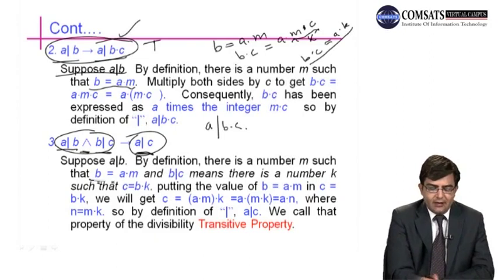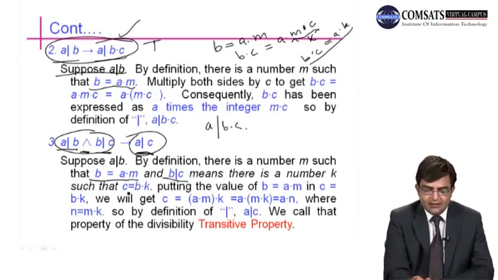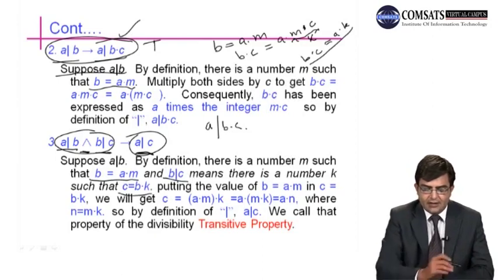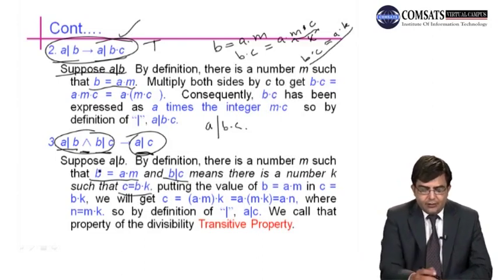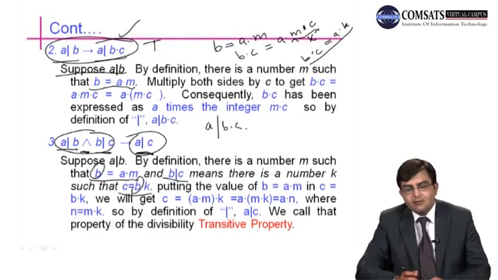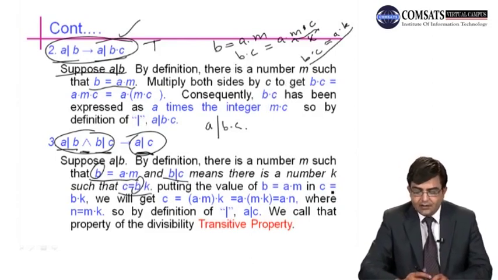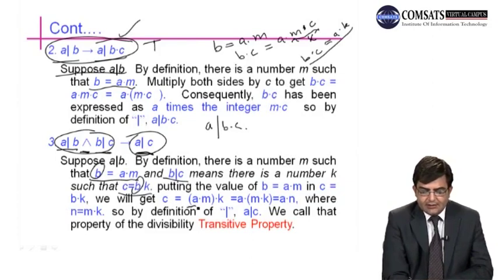So again, if a divides b, then b can be written as a into m, and b divides c means c can be written as b into k. So if we put the value of b in this expression, then c can be written as a into m into k.